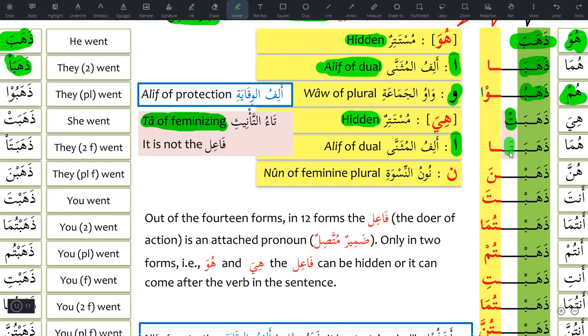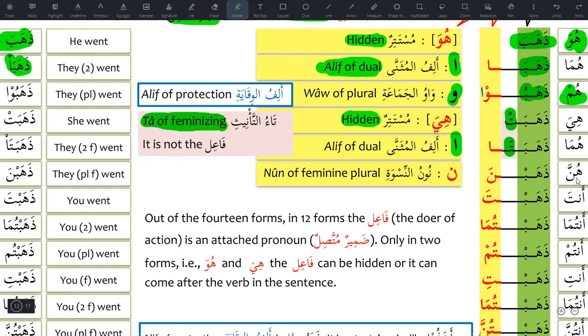This ta is ta of feminizing, and this alif is alif of dual. So this alif is fail here, this alif is subject here. Zahaba is verb, ta is ta taanis, and alif is alif al-muthanna, alif of dual.